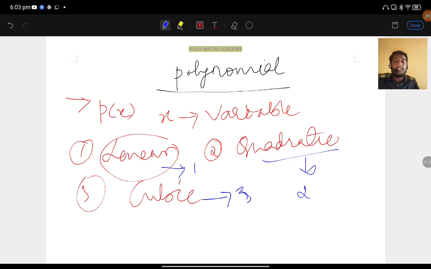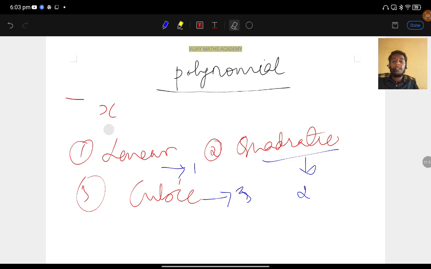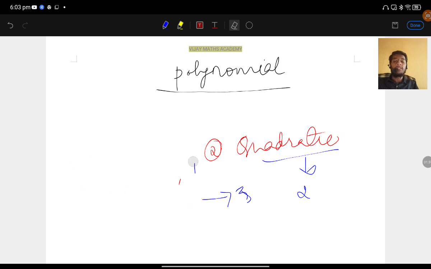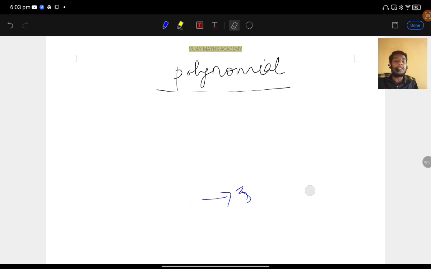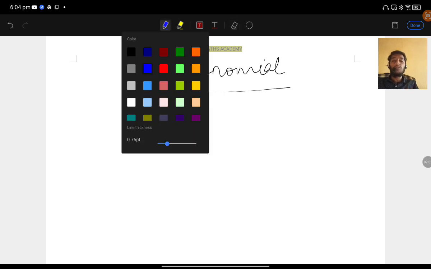So now in this class we will discuss the general form of polynomials. For the linear we have one general form, for the quadratic we have one more general form.